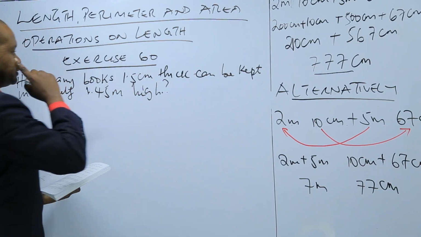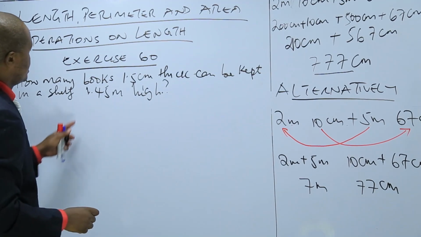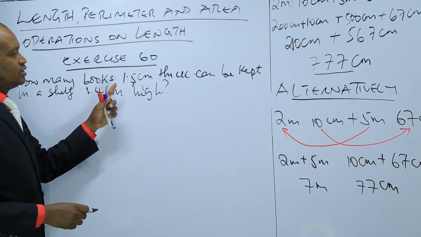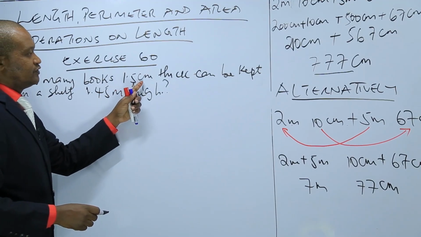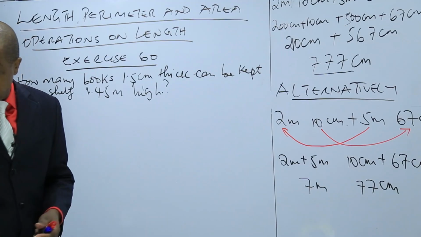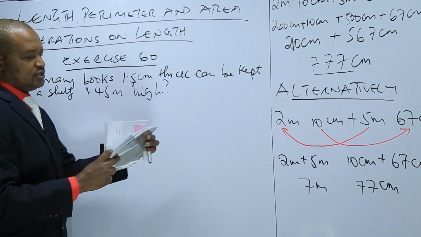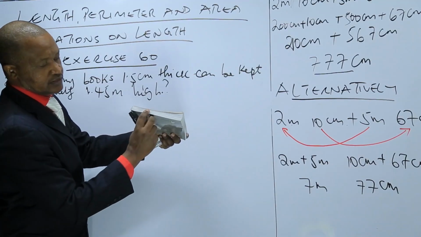So learners, how many books 1.5 centimeters thick. Okay, when you talk of thickness of a book, this is the thickness.